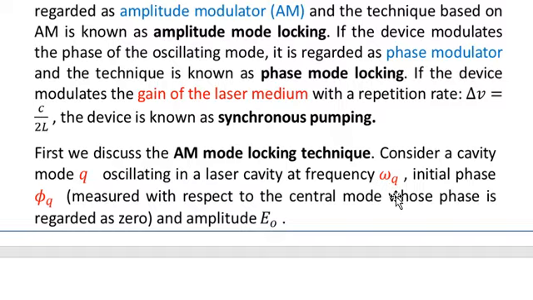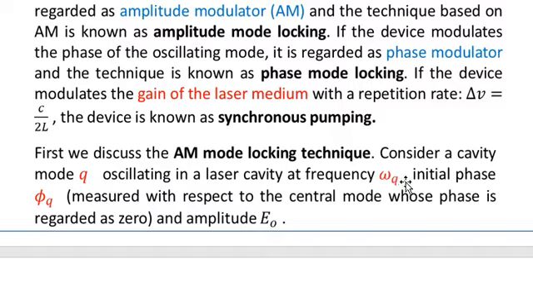That is, the next mode to the original mode of the cavity omega q will be omega q plus delta omega, and the mode to the left of this one, that is the next lower mode, will be omega q minus delta omega. So this delta omega corresponding to delta nu can be added to omega q to obtain the other modes.